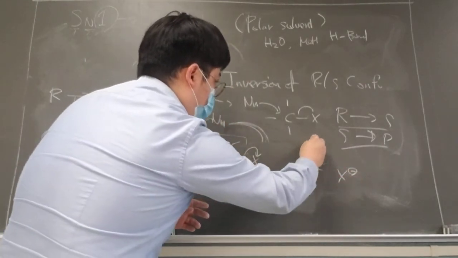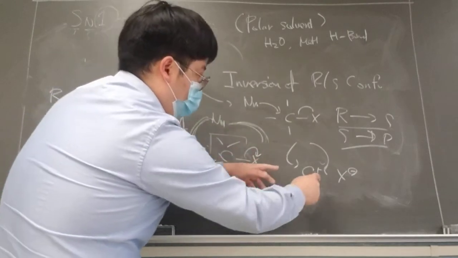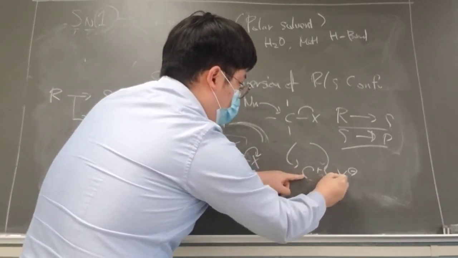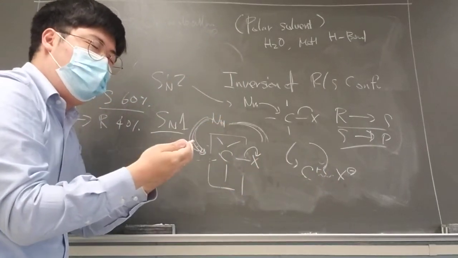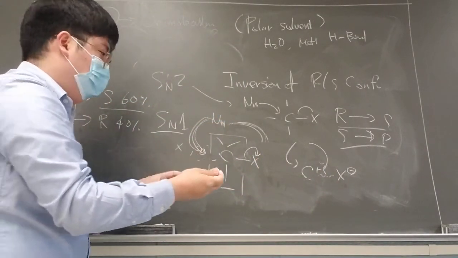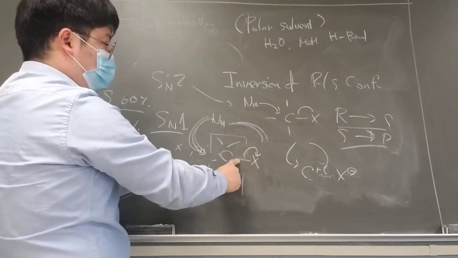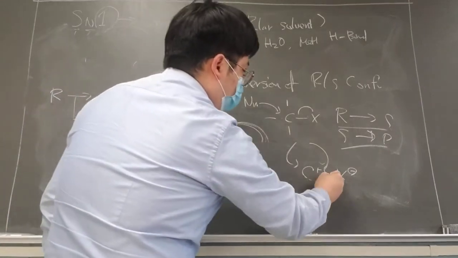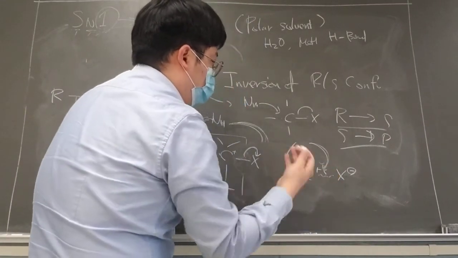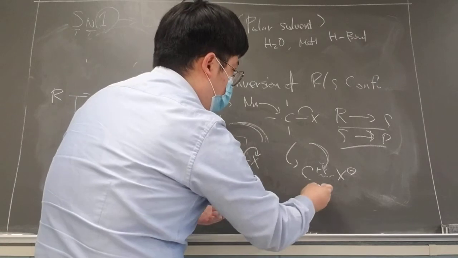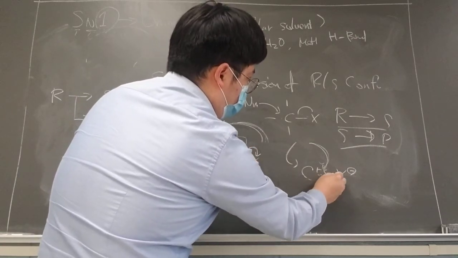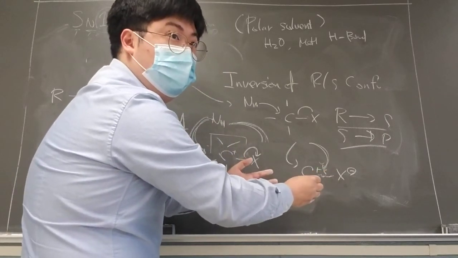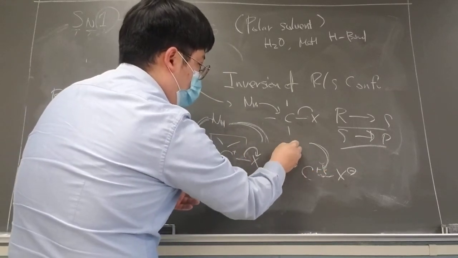So if it bound to this side, once the leaving group has left the compound, there's still a weak ion interaction over there, because the leaving group usually takes the pair of electrons, making the carbon cation positively charged, but it has to happen almost at the same time. So there's a slight bit of interference on this side. It's slightly better if the nucleophile comes on the other side.